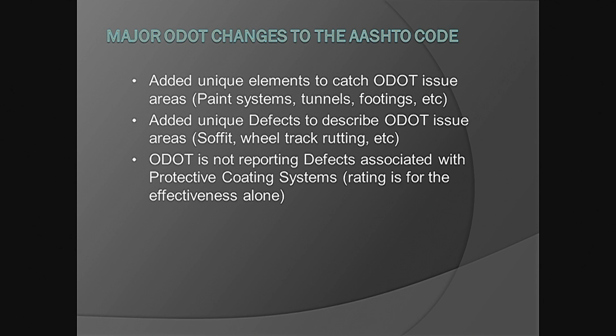Some of the major changes for ODOT is that some unique elements were added to what ODOT was previously using. A couple of those were the paint systems, the coating systems.